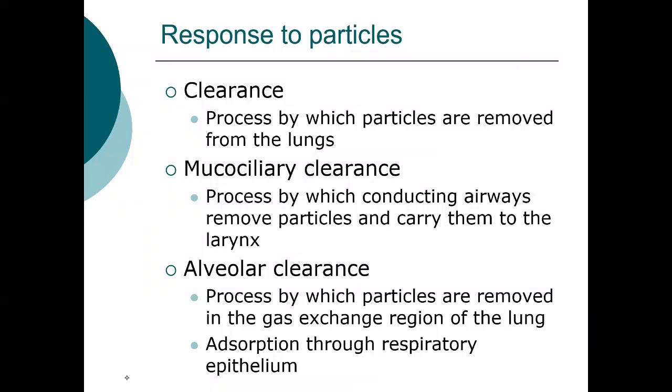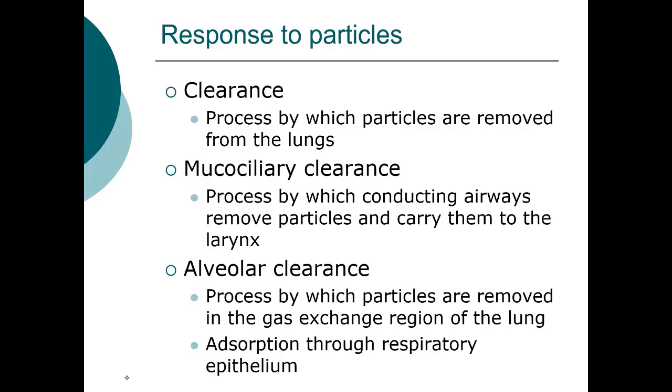Basically, the process by which particulates are removed from the lungs is referred to as clearance, and there's really two different types of clearance. One is mucociliary clearance, and you saw the scanning electron micrograph showing the cilia on the cells of the bronchi.